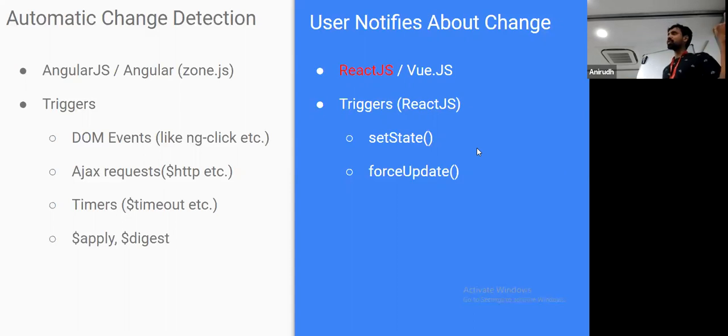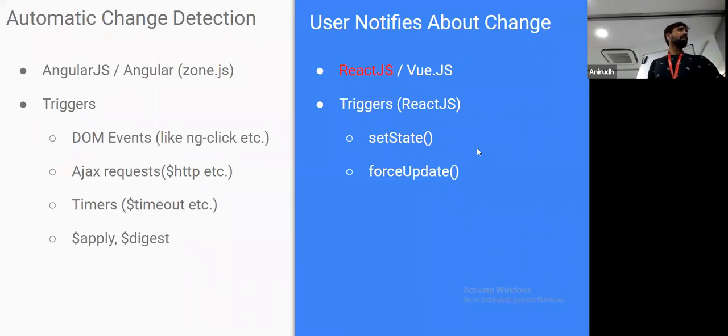That is done through the setState method, and second is forceUpdate. These are the two methods through which the user notifies that changes have happened in the application. So if you compare both of these, you will easily come to the conclusion that in AngularJS a lot of work has to be done.